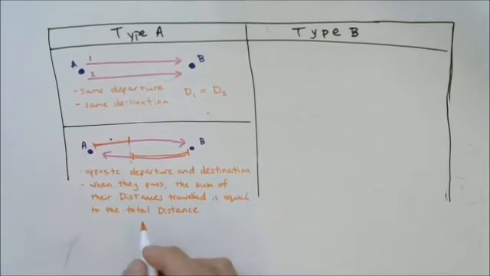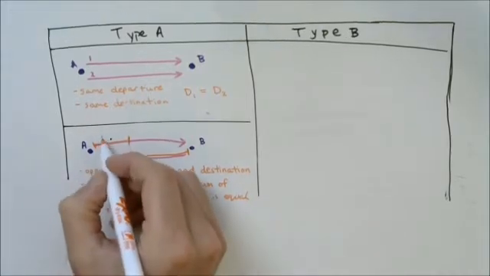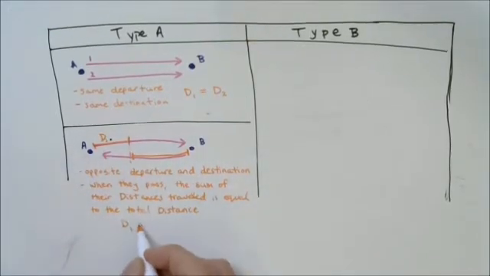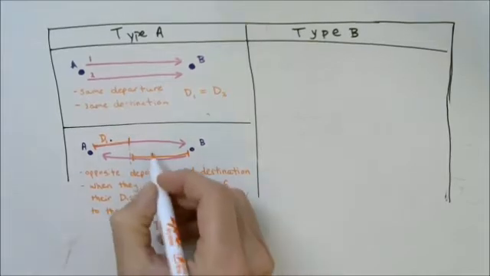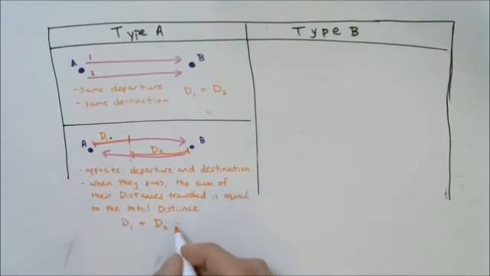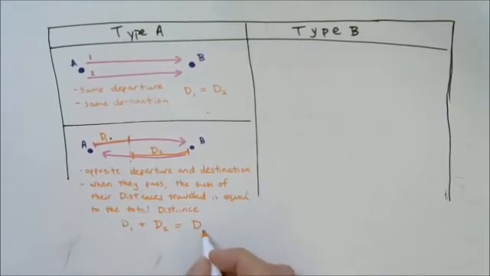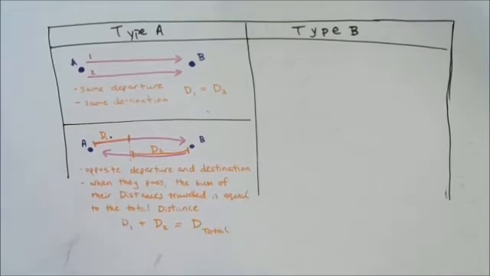Alright, so what does that tell us? Well, that tells us that d1, the distance that object 1 travels, plus d2 is equal to the total distance. Okay?